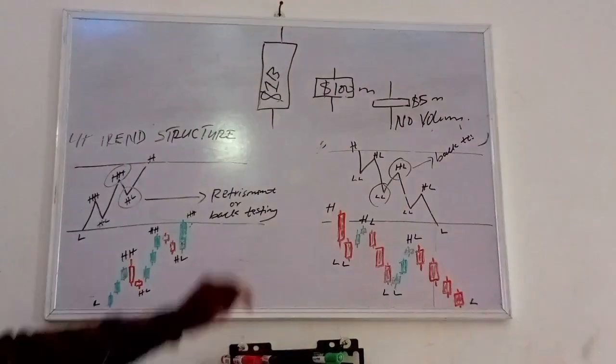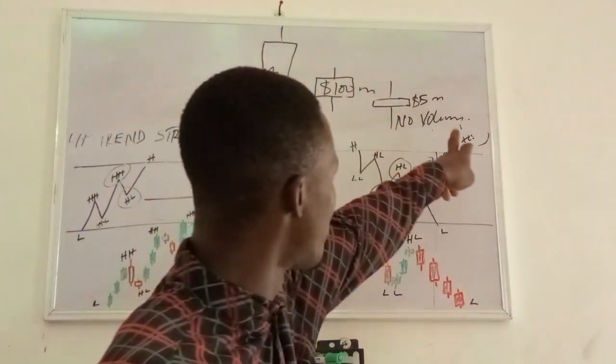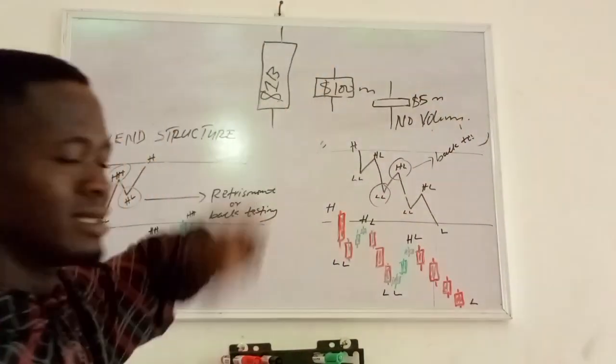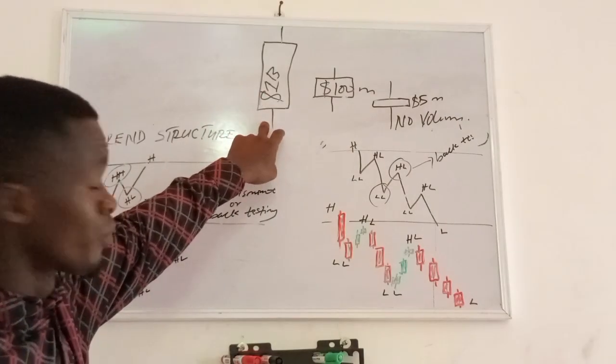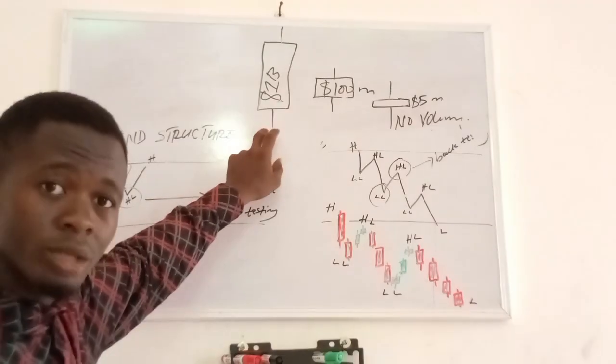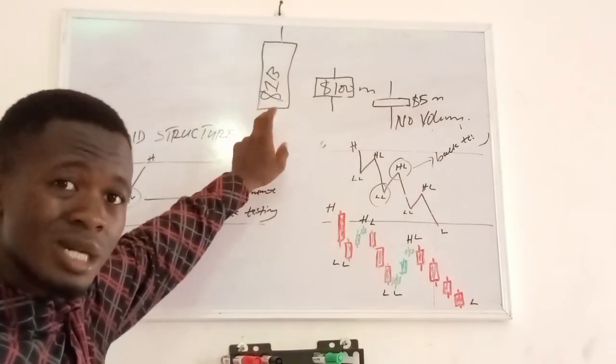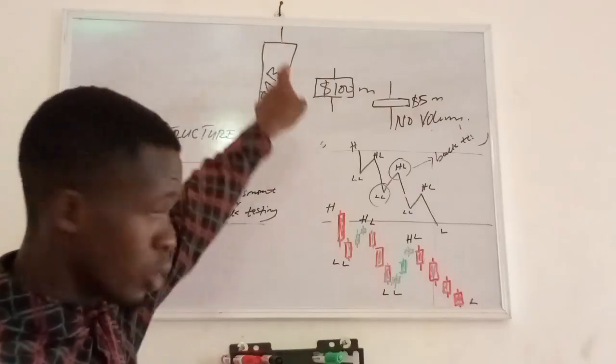So which candlestick has the power to pull the market either upward or downward? Answer it to yourself. You can see that it is this candlestick that has more volume, more momentum, the strength, the power to pull the price either upward or downward.